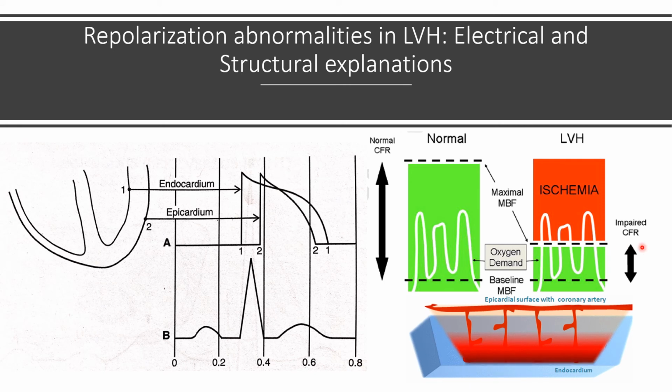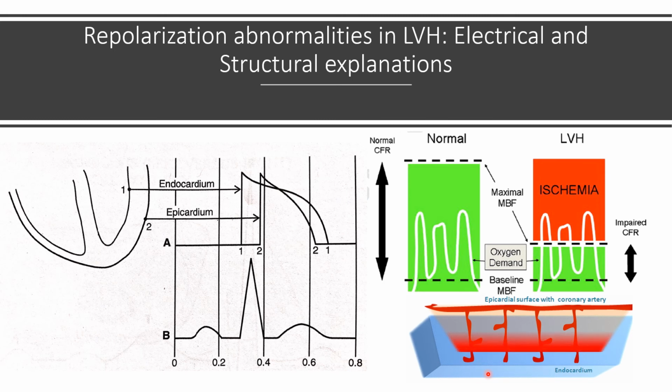In addition, there might be some relative ischemia or demand ischemia to the myocardium. As multiple studies have shown, there is decreased coronary flow reserve in patients with left ventricular hypertrophy. In addition, as you can see here, the myocardial blood flow generally goes from the epicardial surface towards the endocardium and decreases in amount as it goes towards the endocardium.